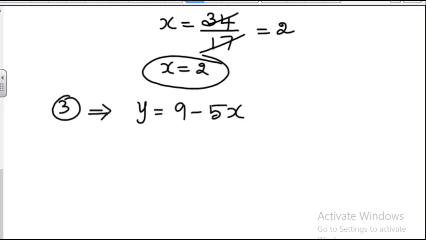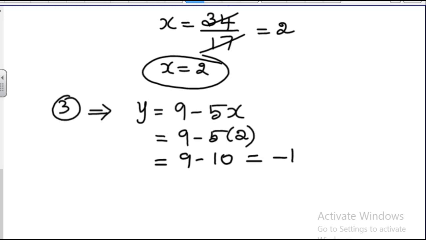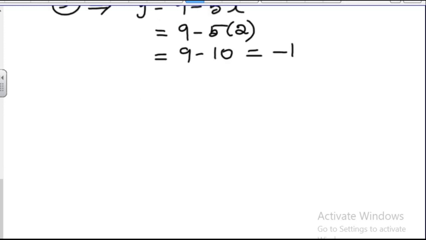You are going to apply the x value in this equation. So 9 minus 5 into 2. So what do you get? 9 minus 5 twos are 10. So you will get 9 minus 10, which is nothing but minus 1. So the y value is minus 1. Therefore y is equal to minus 1.